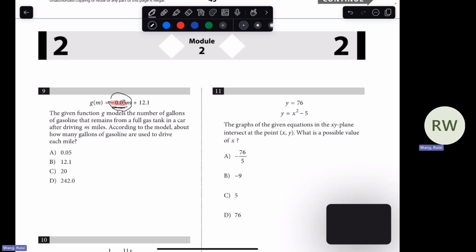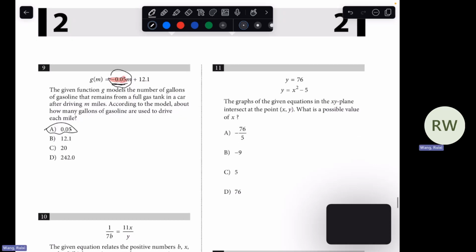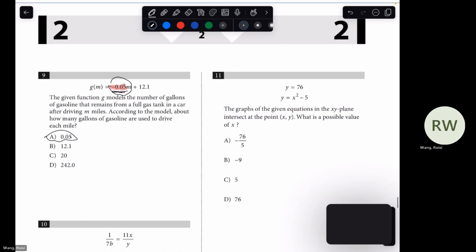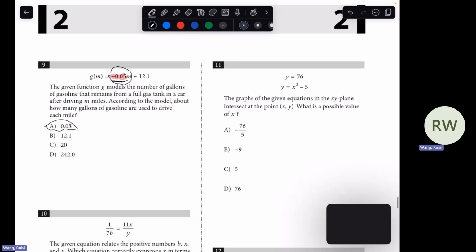So the answer is A. All right. Just double check, make sure this is right. Number of gallons it remains, okay. Yeah, n miles used.